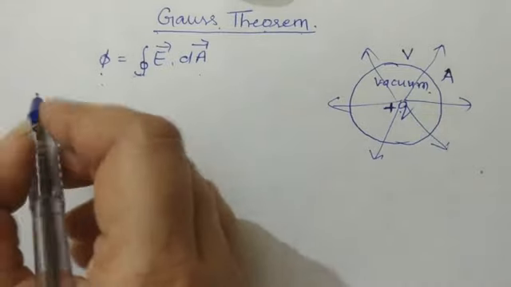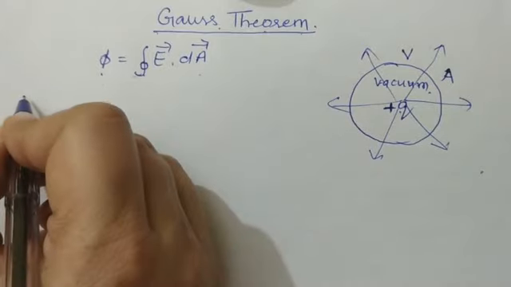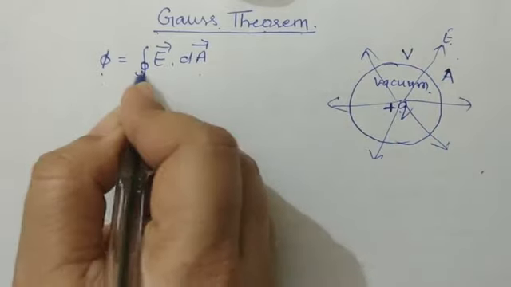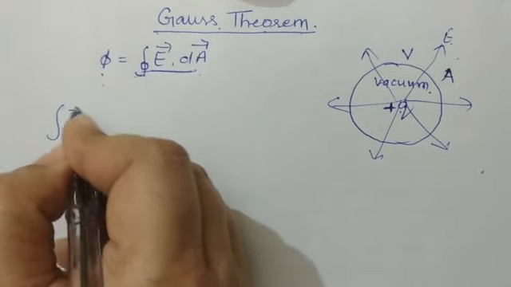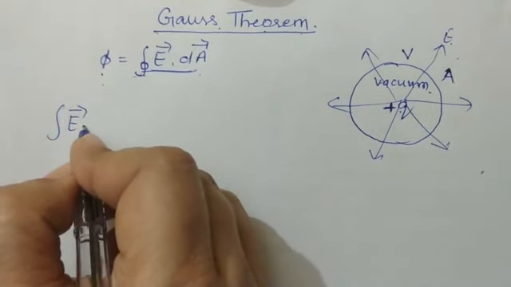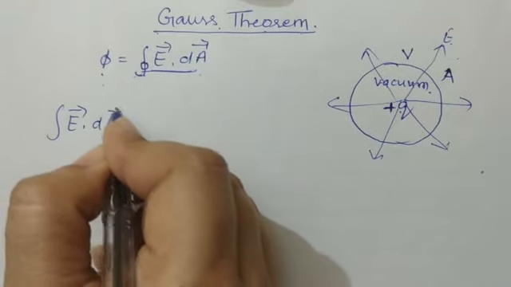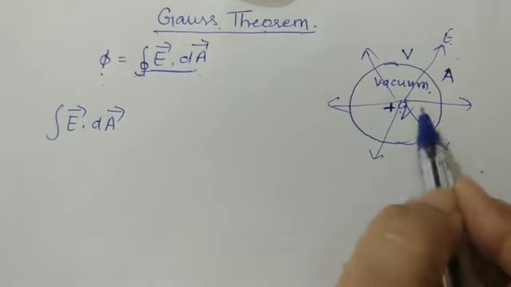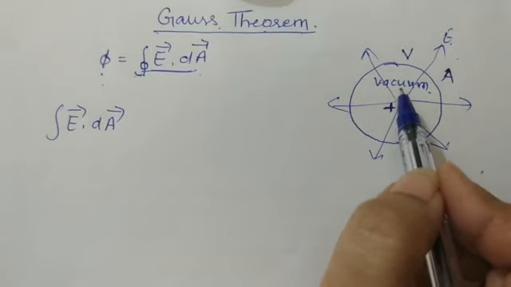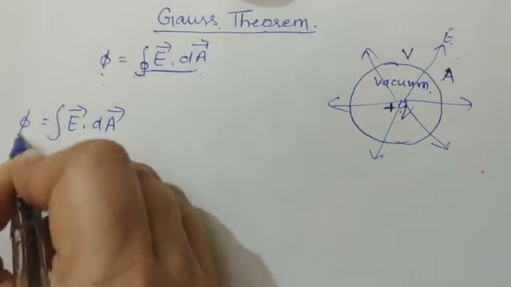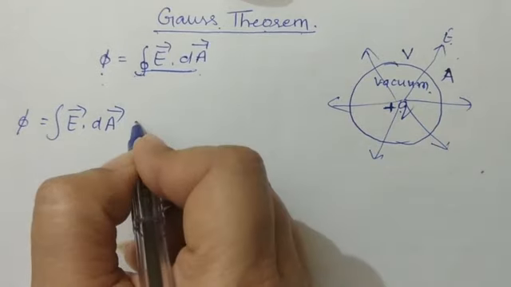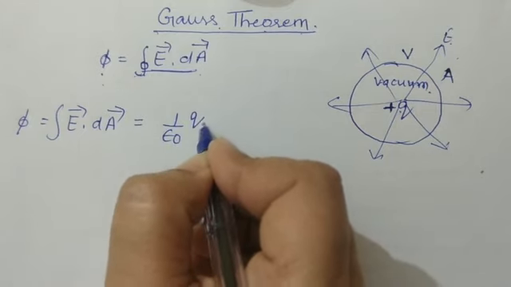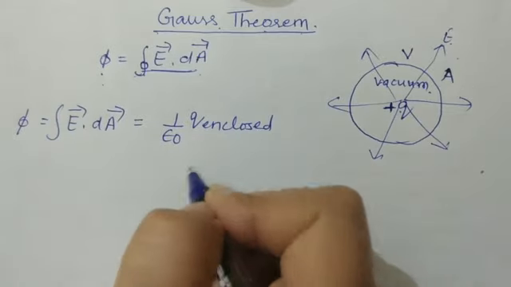Then Gauss theorem says that the surface integral of the electrostatic field E, that is this expression, the surface integral of electric field E over this closed surface which encloses a volume V in vacuum, that is the total flux coming out of this surface, is equal to 1 upon epsilon naught times the total charge enclosed in the surface.